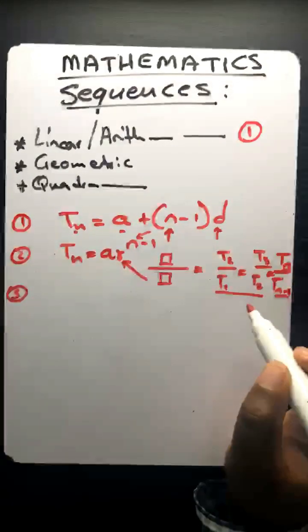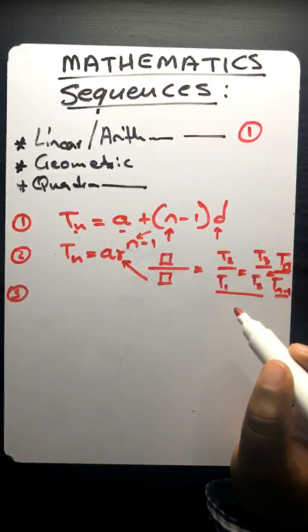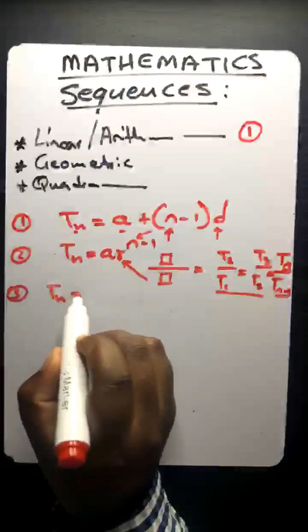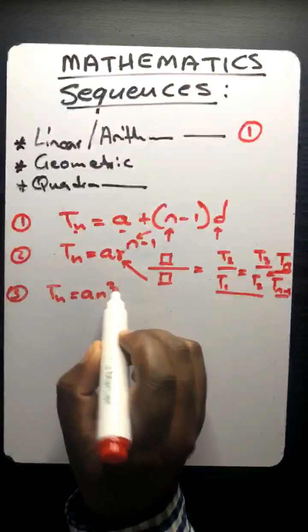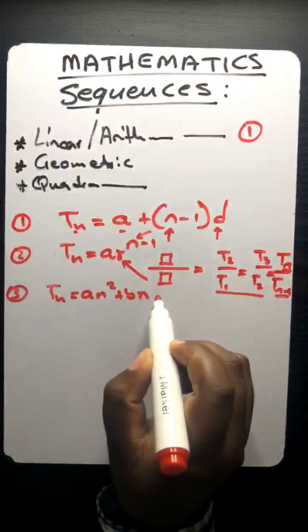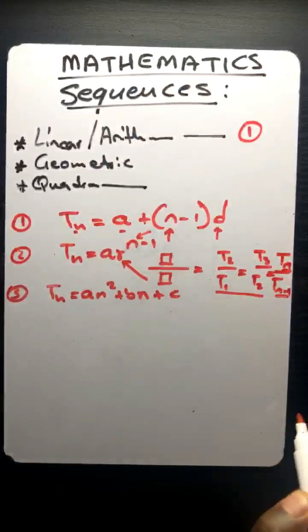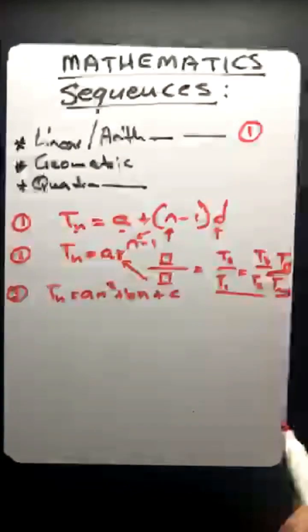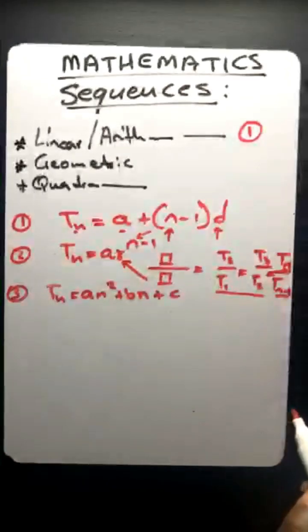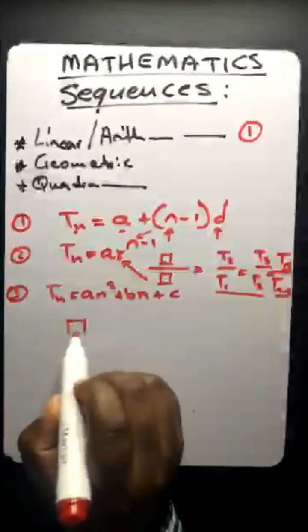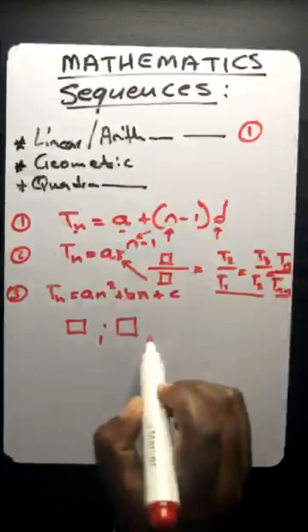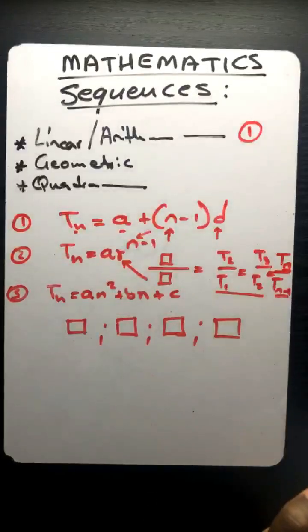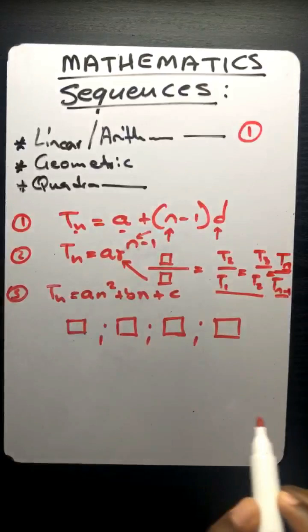So, guys, let me remind you of the formula for a quadratic sequence. The general formula is Tn equals an squared plus bn plus c. Most importantly, what you need to remember is that you have what we call the first difference. If you are given a number pattern, for you to know what type of sequence it is under quadratic, you will need at least 4 terms.